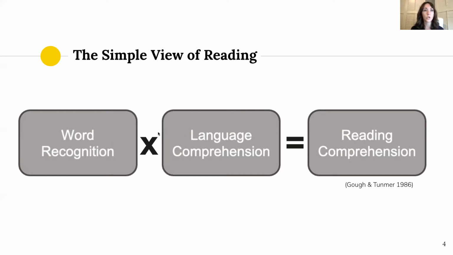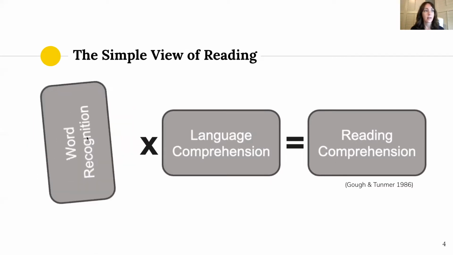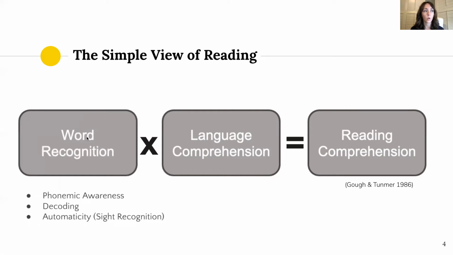So those are the two pieces that make up a good reader. Today we're going to really focus on the word recognition piece, and we're going to look at phonemic awareness, decoding, and automaticity, that sight recognition, the sight words. Those are the pieces that make up word recognition. We're not going to be hitting language comprehension as much in this session.